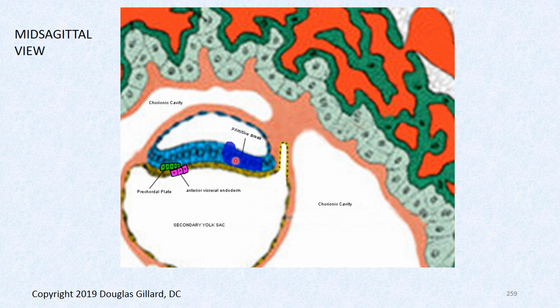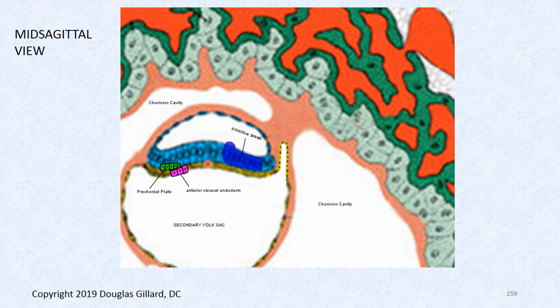But we do have the primitive streak drawn in here. This is a mid-sagittal view. If we went to a parasagittal view, we would see mesoderm squeezed in between these two layers, the ectoderm and the endoderm, but not in the very midline cut because we're going to have some room here.